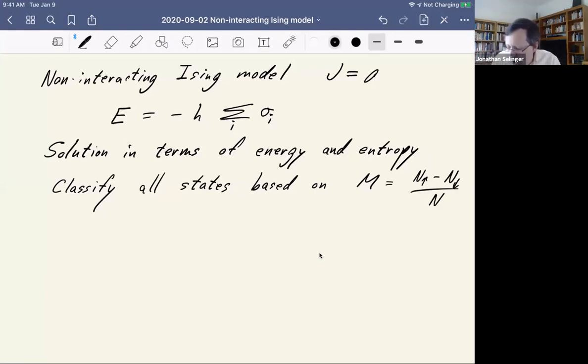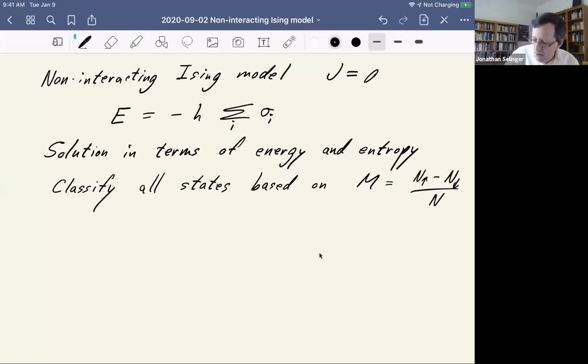Okay, so I want to say how many microstates go into the macrostate with a particular value of m.